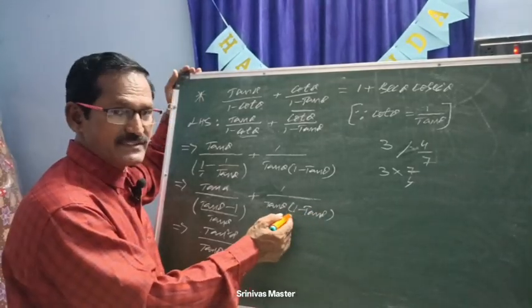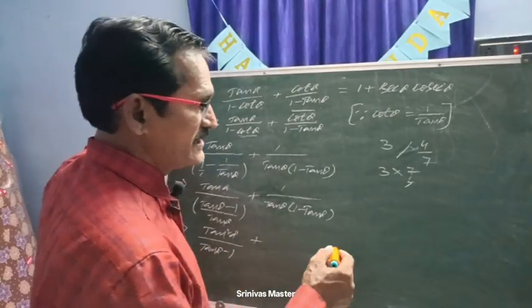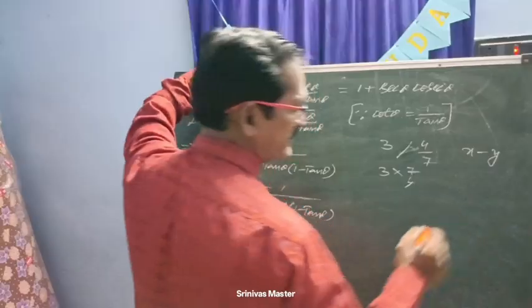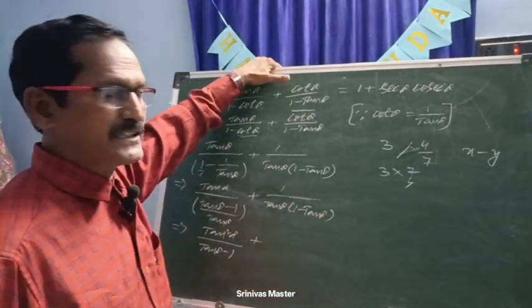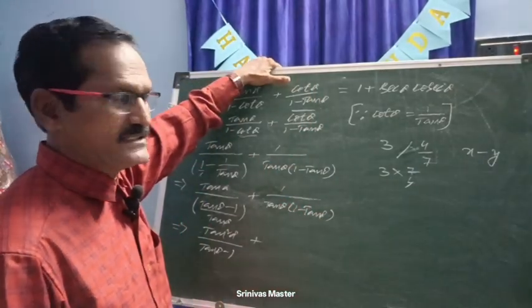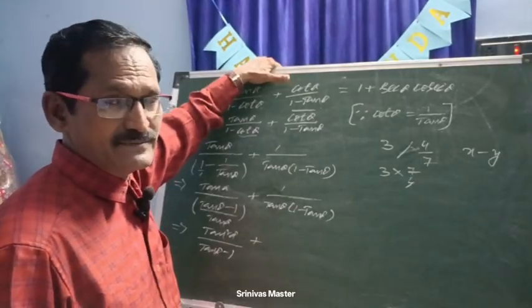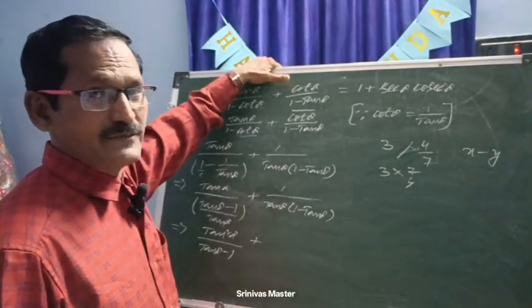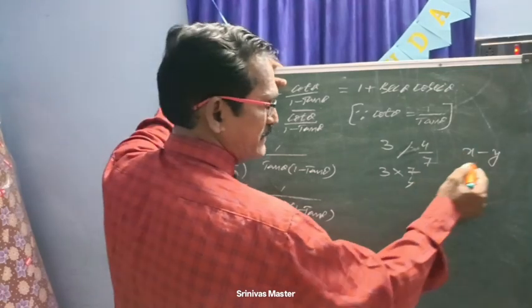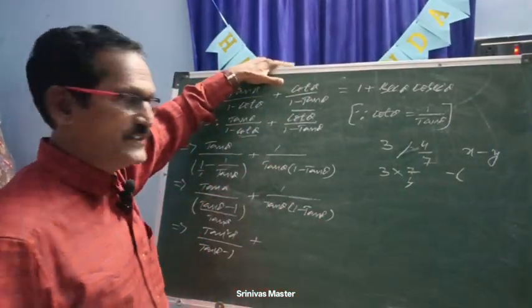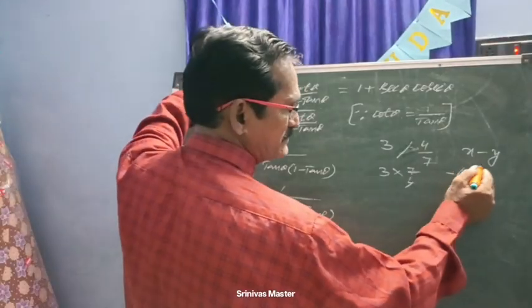Tan theta minus 1. See children, many of the children don't know that. Suppose x minus y, what is the common factor from x minus y? If you ask anyone, they will say there is no common factor other than 1. Okay, now we can take the common factor. From x minus y, if we take minus as a common factor, what will become?